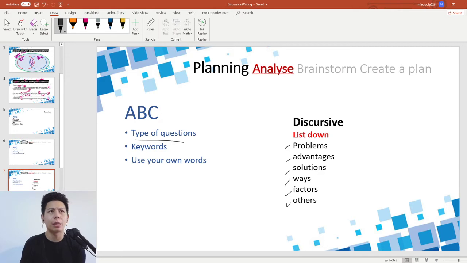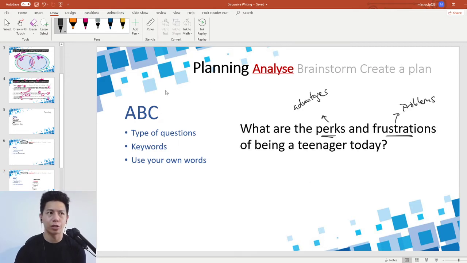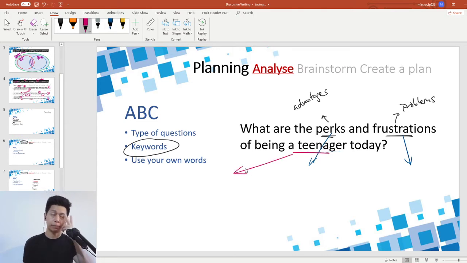Once you know the type of question, it's time to focus on the keywords. What are the keywords in this question? The type of question and the keywords tend to go hand in hand, so you should definitely focus on these keywords. Of course, the word teenager, I'm going to use a different color over here, is also key.